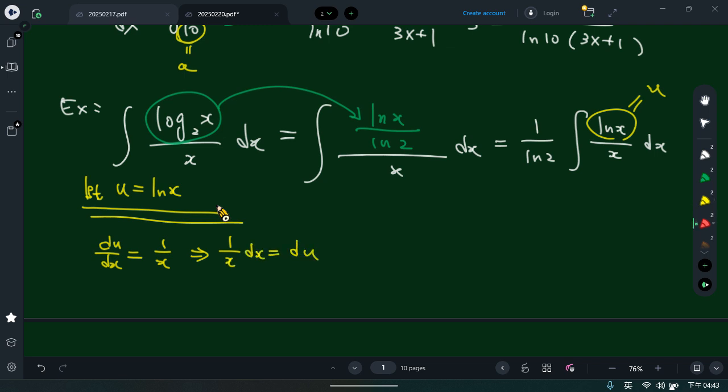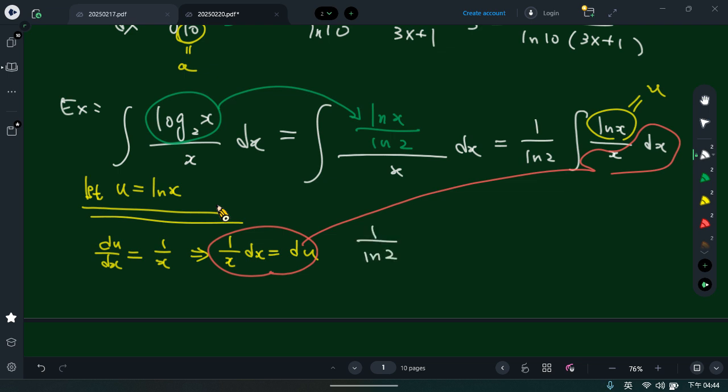So you can see here we can use it to replace this part, right? So finally we will have the form as 1 over ln 2 integral u du. So the expression will become easier.